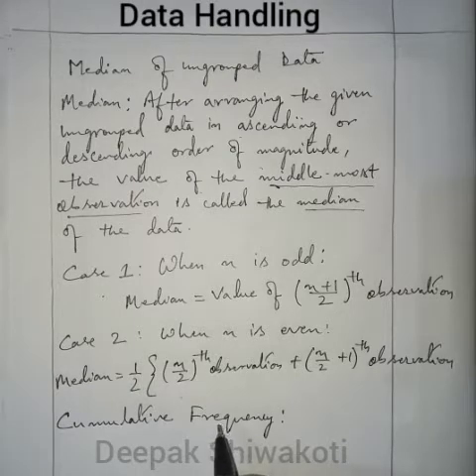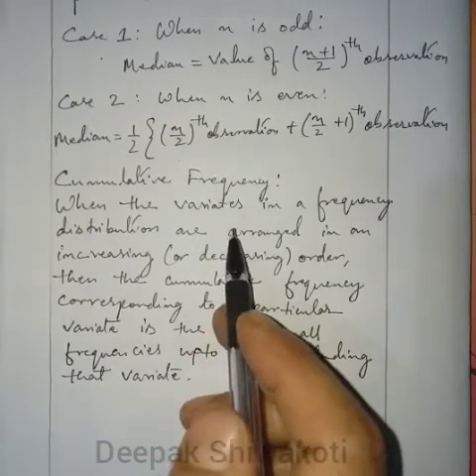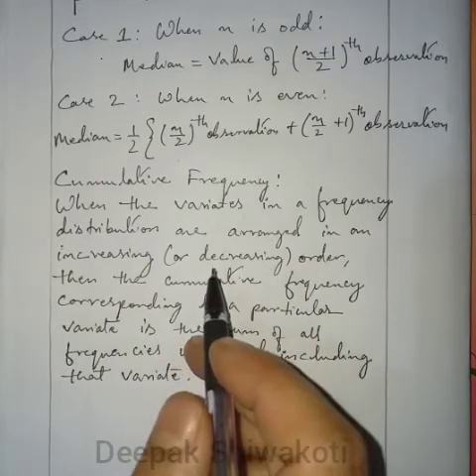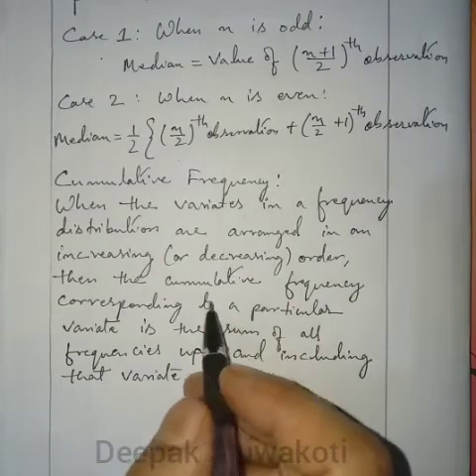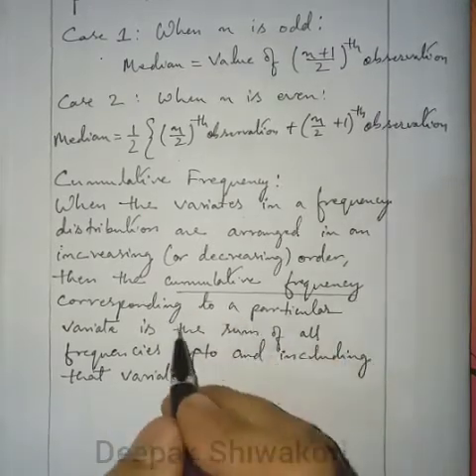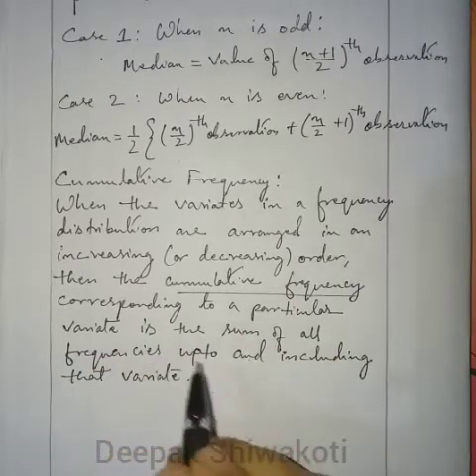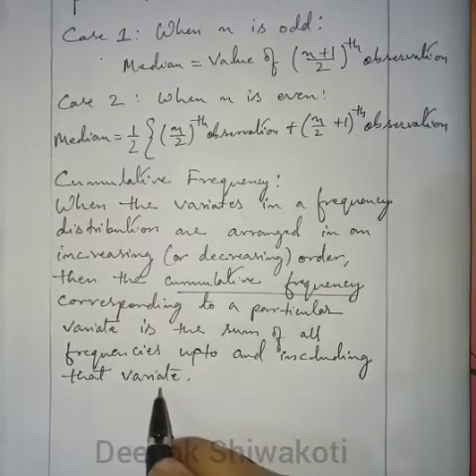When the values of the variable are arranged in increasing or decreasing order, the cumulative frequency corresponding to a particular value of the variable, that is the variate, is the sum of all frequencies up to and including that variate.